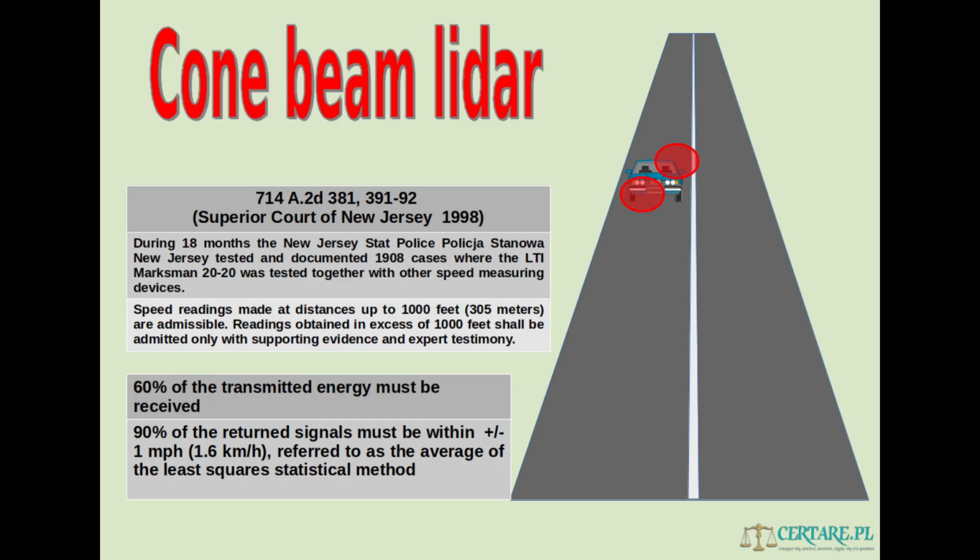Now, that doesn't really make much sense, because depending on, for example, the color of the target, there is much less energy being returned when the target is white than when the target is black. What they likely mean is that 60% of the energy of that impulse received must correspond to a single distance.